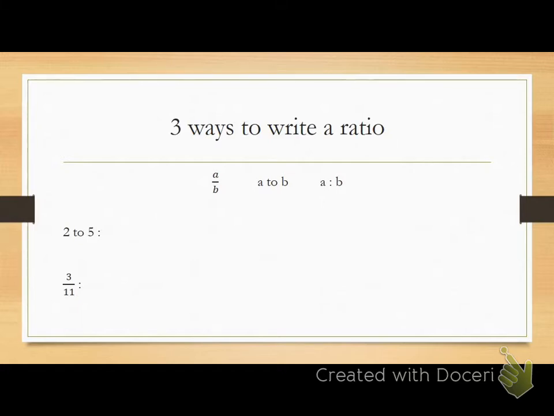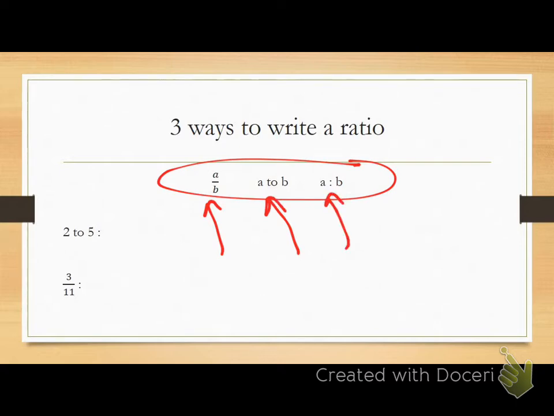What is a ratio? It uses division to compare, so it is a comparison of two quantities. That's a ratio. All right, so when we're talking in terms of ratios, there are three formats that we can write a ratio in. We can write it as a fraction, we can write it with the word to, and we can write it with a colon.